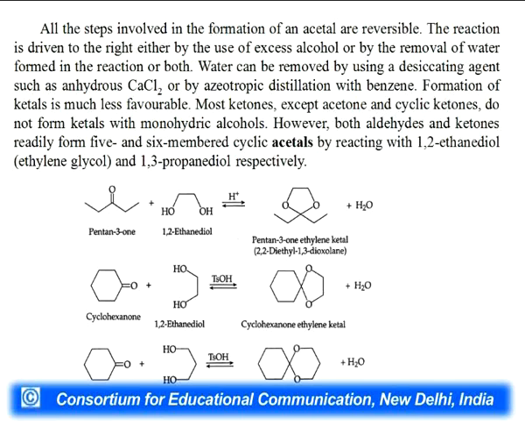You can see in the reaction pentan-3-one when reacted with 1,2-ethane diol will give you pentan-3-one ethylene ketal. Cyclohexanone when reacted with 1,2-ethane diol will give you cyclohexanone ethylene ketal, and cyclohexanone when reacted with 1,3-propane diol, the product will be 1,5-dioxaspiro[5.5]undecane.